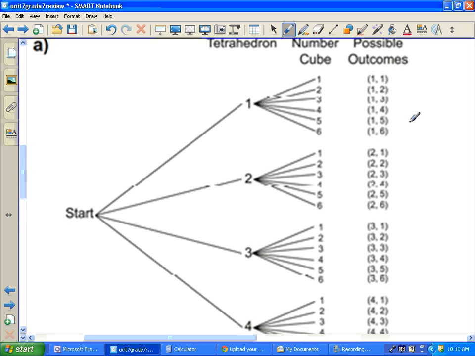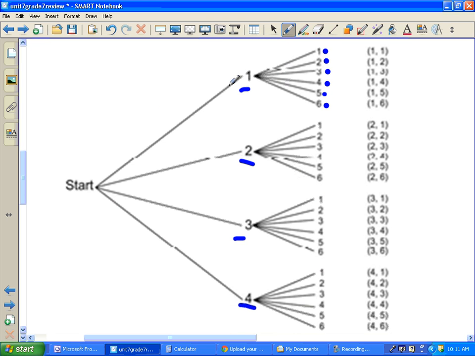Just like we said, we've got our tetrahedron, and we've got 4 possible outcomes right there. And then for each one, for our die or our number cube, whatever you want to call it, we had 6 more possible outcomes. So if I had to go ahead and redraw the whole thing, I would have ended up with something like this.